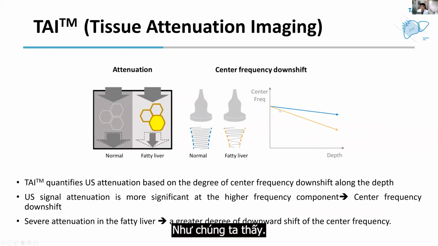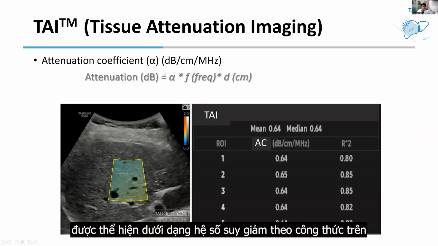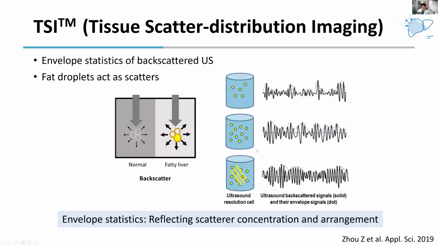As you can see here, severe attenuation in the fatty liver results in a greater degree of downward shift of center frequency. The result of TAI is presented as attenuation coefficient with the reliability measurement value given as R-square value. In addition, the mean and median value of 5 measurements are also presented.